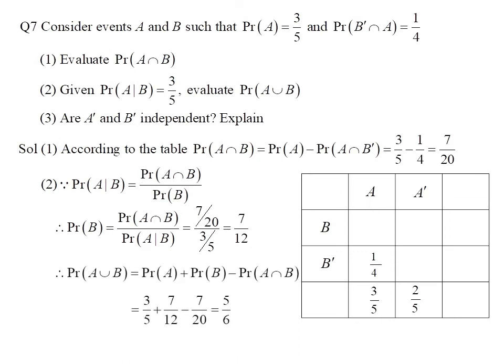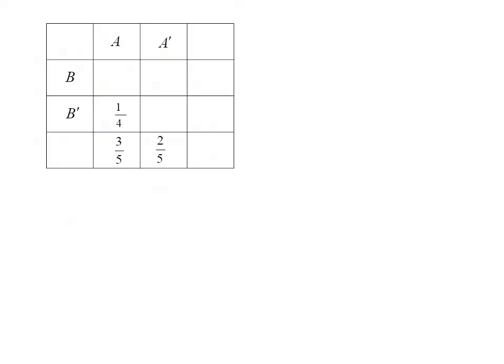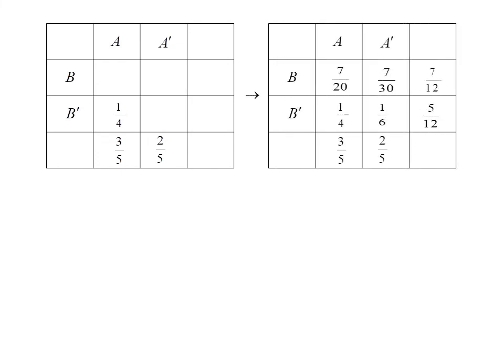After having the probability of event B, the probability addition rule can be used to calculate the probability of event A union event B, which is 5 over 6. After working out the results required in questions 1 and 2, we complete the probability table as displayed on the right of the screen.